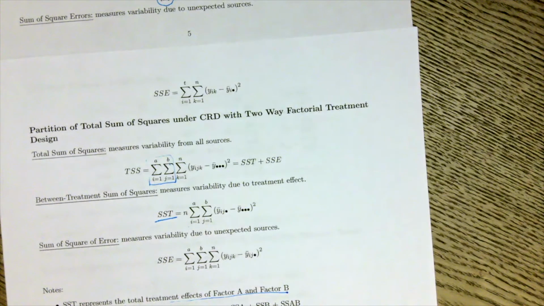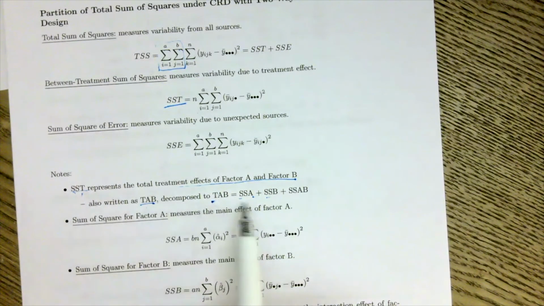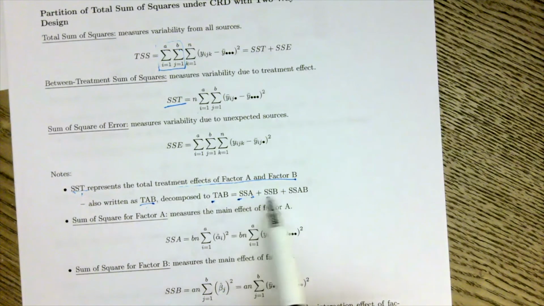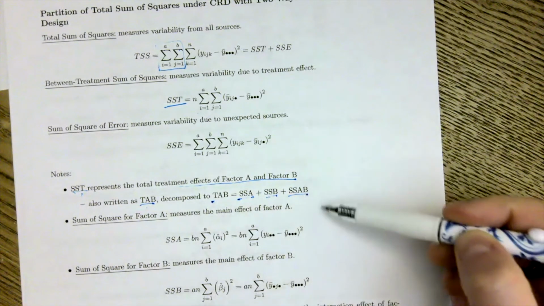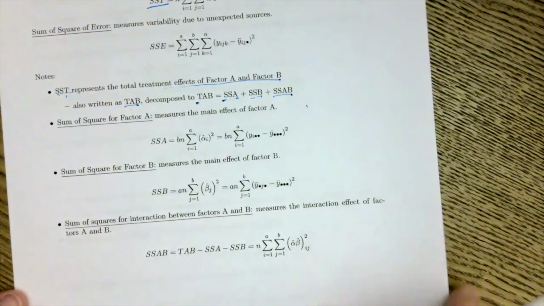But we can decompose our sums of squares for our treatment into the sums of squares for effect A, the effect of B, and their interaction. And so how we do that is through these sums of squares. You guys don't have to memorize it, but sometimes it helps.